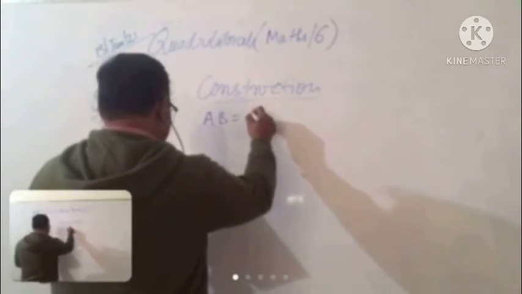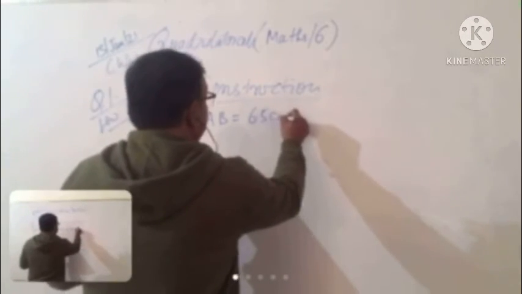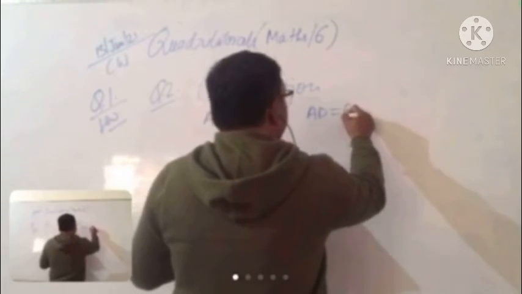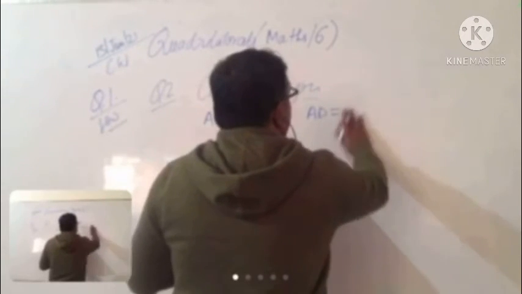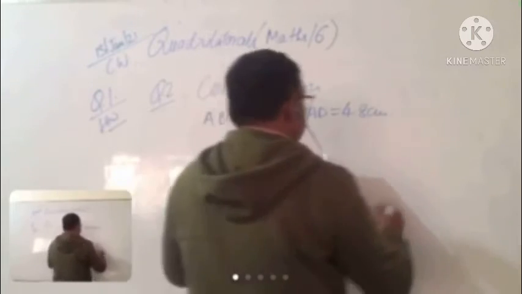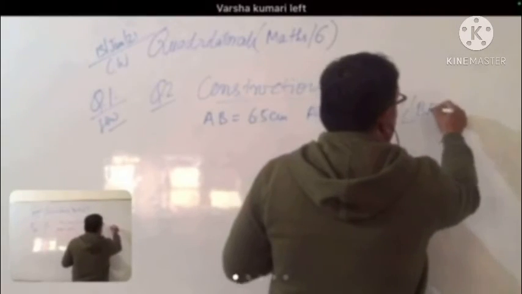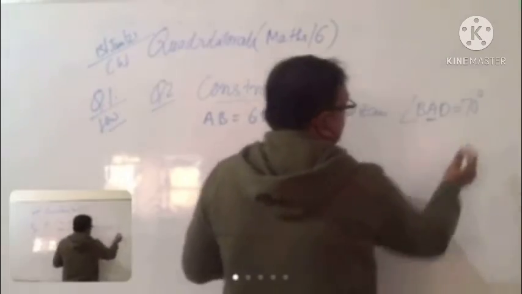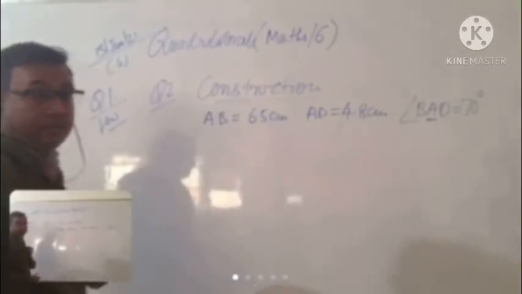Now see, for this AB is equal to 6.5, AD is equal to 4.8 centimeter, and angle BAD is equal to 70 degrees, meaning angle A is 70 degrees.